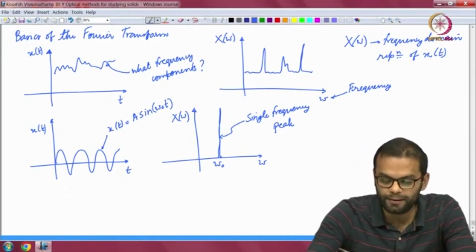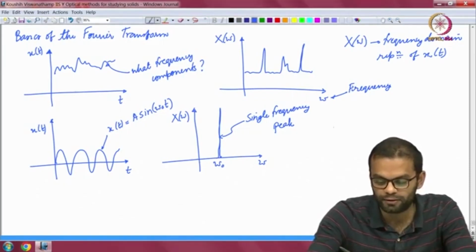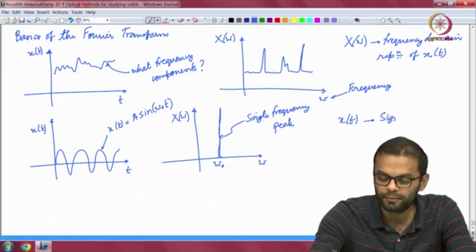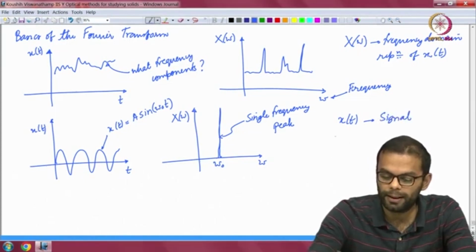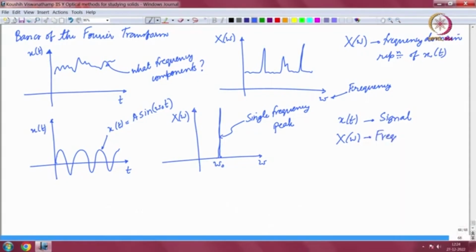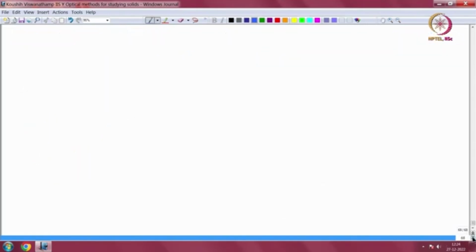Now before we go there, let us look at the definition of a Fourier transform. So if you have x of t as your signal and X of omega is the frequency or Fourier representation, then you can get capital X from small x by doing a transform, and the transform is defined like this.